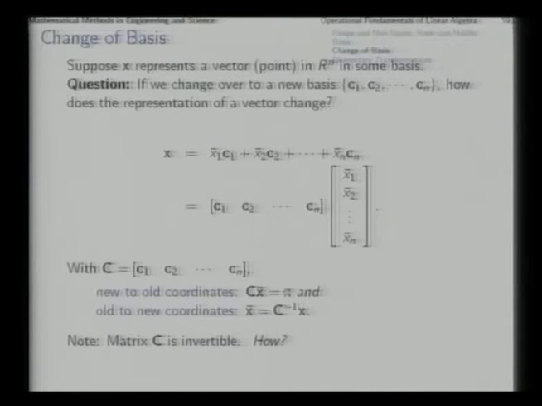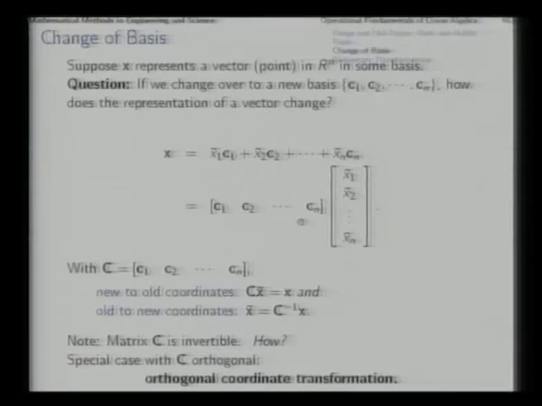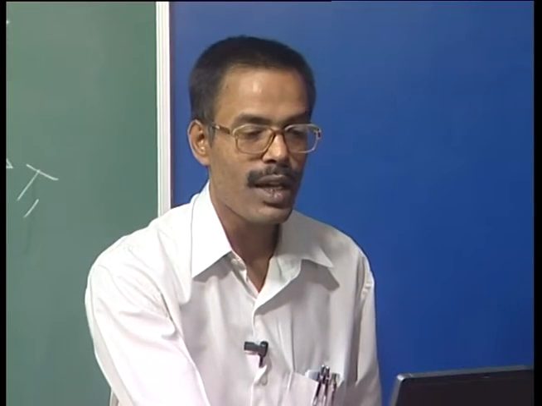And when we want the reverse, that is from the old to the new, we have to invert this matrix C, and we get the formula as x bar is equal to C inverse x, as we found in this case. Now, in a special case, we have the matrix C as orthogonal.